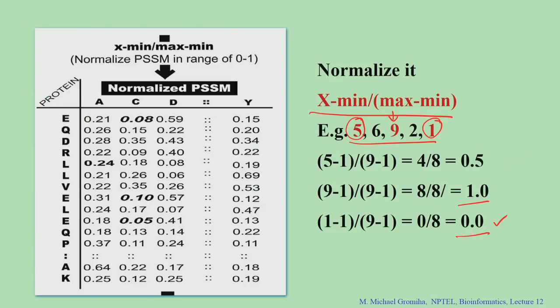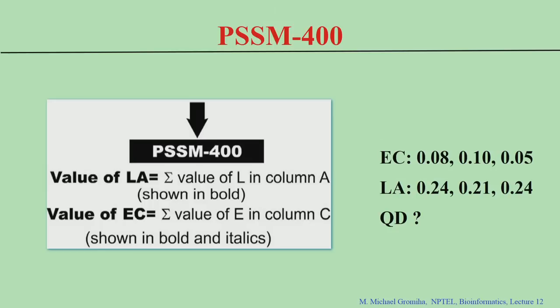We can see some numbers very high and some very low. For example, this high one is 0.64, and here this is 0.59, right. Some residues are highly preferred and some are less preferred. So, now if you have different numbers, it is also possible to combine these numbers and make a 20 by 20 matrix, right.